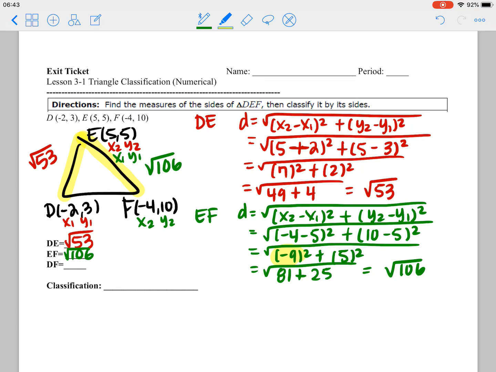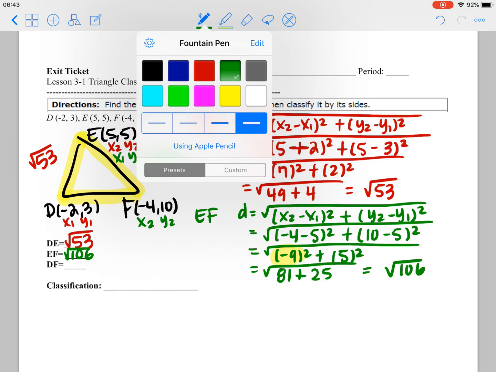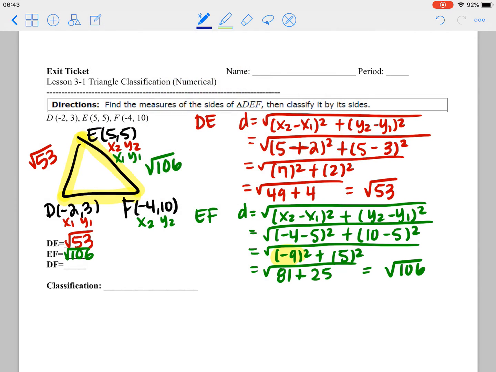All right, now for the last side of this triangle, DF. To find the length of DF, I need to do exactly the same process. Copy down the distance formula, x2 minus x1 squared plus y2 minus y1 squared.